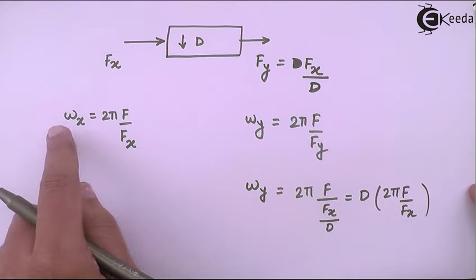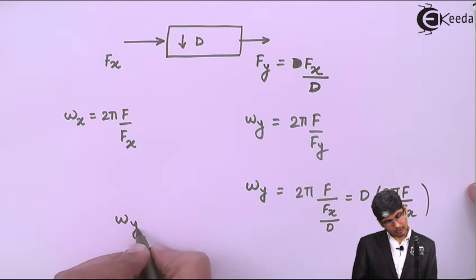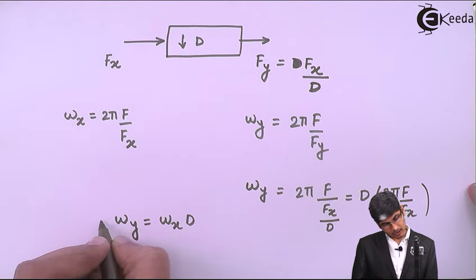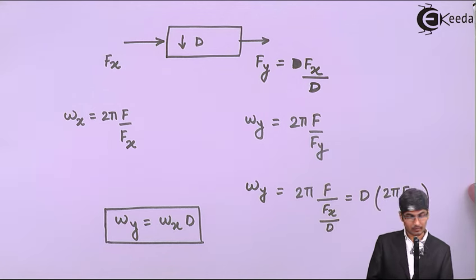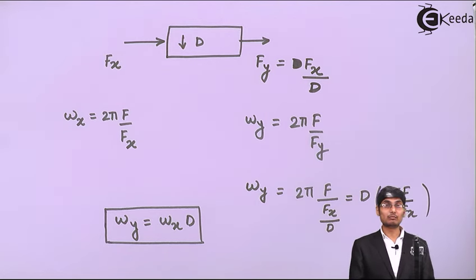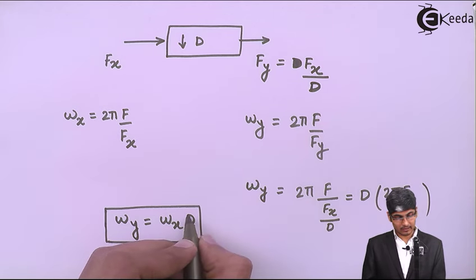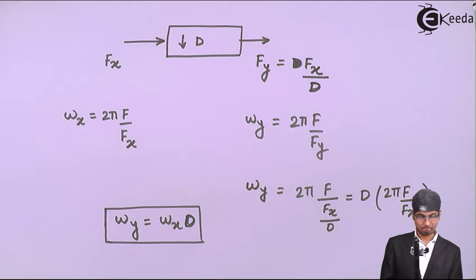But 2 pi f by fx is omega x, so I can write omega y equals omega x times d, or d times omega x. Very important observation. That means my frequency domain characteristics is going to get expanded by a factor of d.